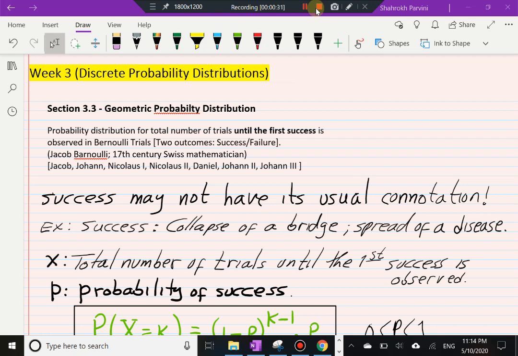Now, we're going to leave the theory behind all of these probability distribution functions, including the derivation of the mean or expected value of the random variable and the standard deviation or the variance of it. In other words, we're going to have formulas we're going to work with directly. And for all 3 distributions, geometric, binomial, and Poisson, we're going to look at the general form of the distribution.